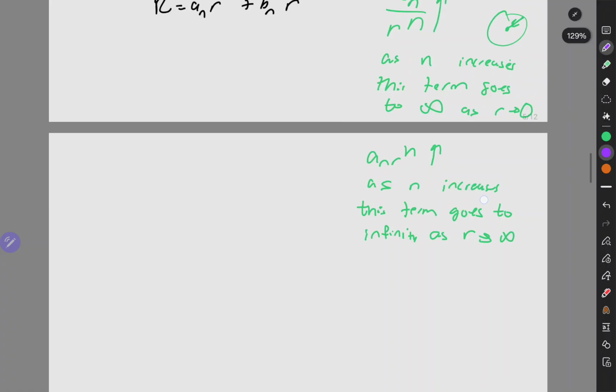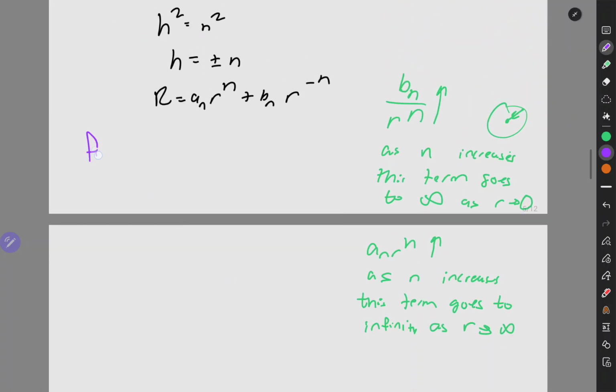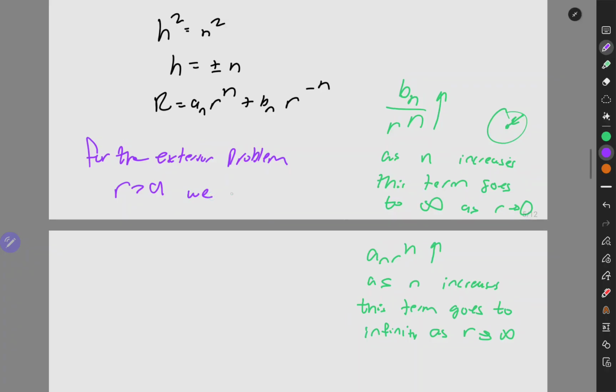And we know that for the exterior problem, when r is greater than a, we need to be bounded at infinity, where we need to get a value at infinity.